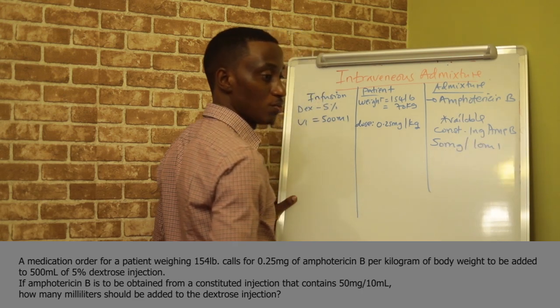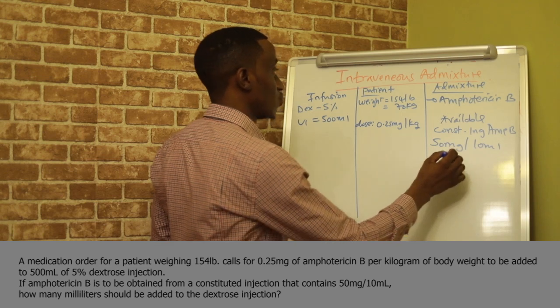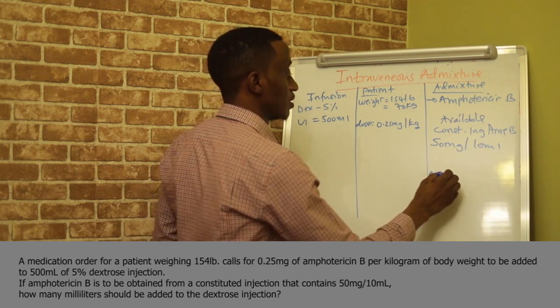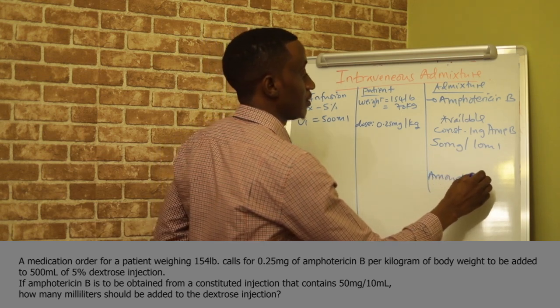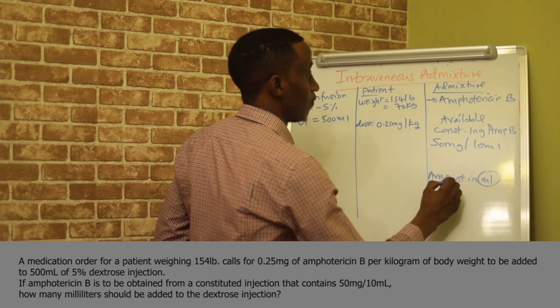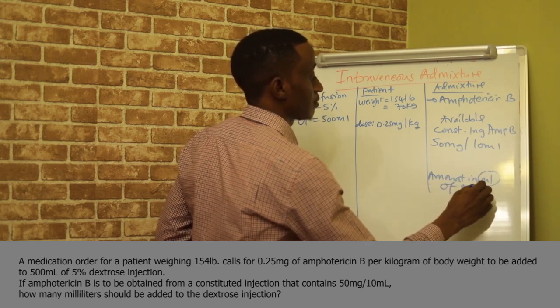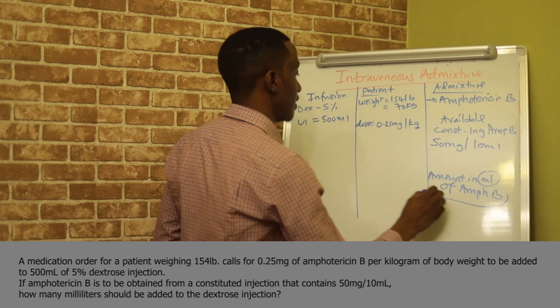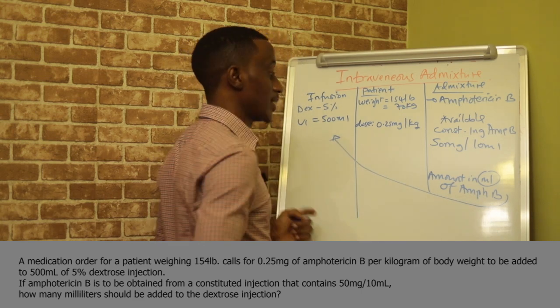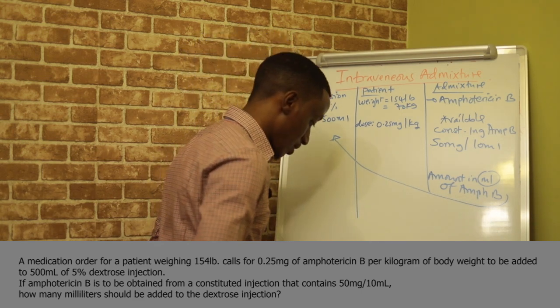How many milliliters should be added? We need to know the amount in mils of amphotericin B to be added to dextrose, then delivered to the patient.